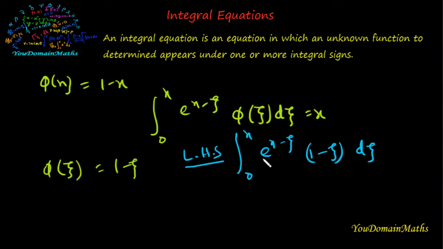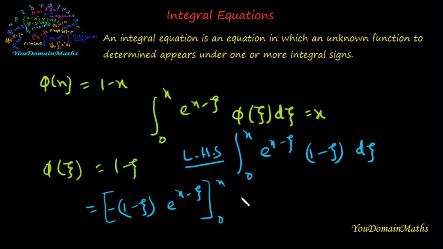If we integrate this by the partial integration formula, then we take 1 minus xi and integrate the other factor with respect to xi, so we can write minus e to the power (x minus xi), putting the limits 0 to x here.